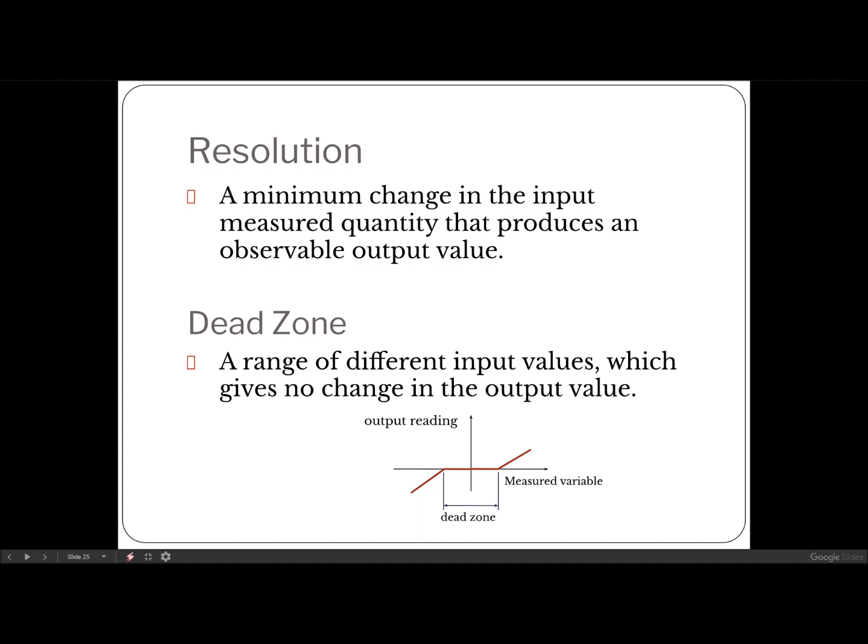This next one is dead zone. Dead zone is a range of different input values which gives no change in the output value. So sometimes this is related to a threshold also. Okay? When the input is still too small, then it doesn't give any reading until at a certain input, then you can start to see the output.